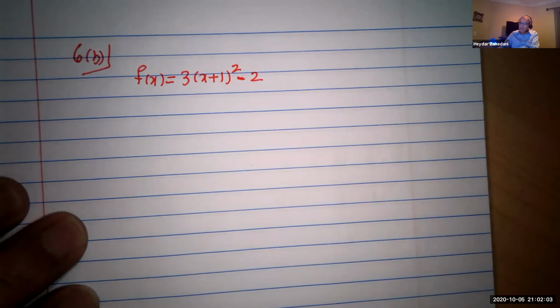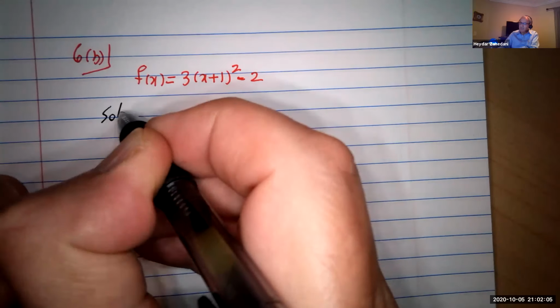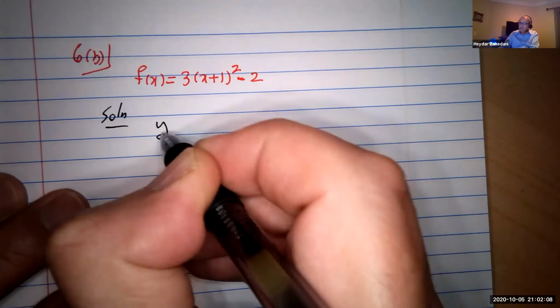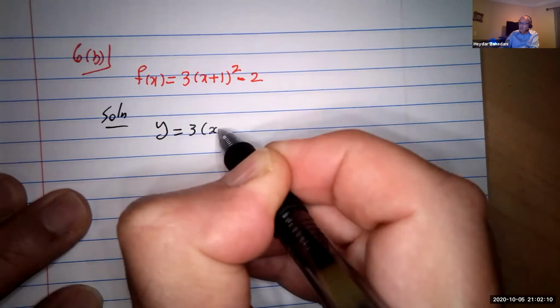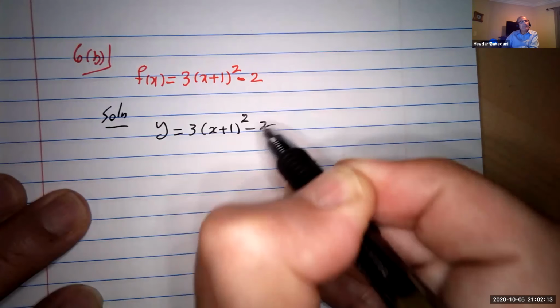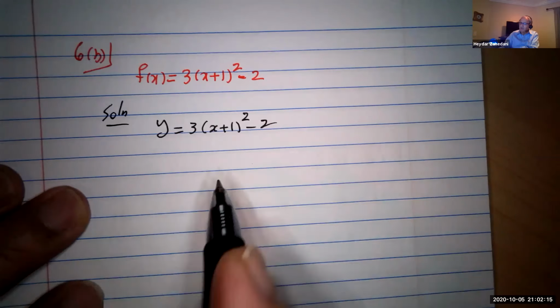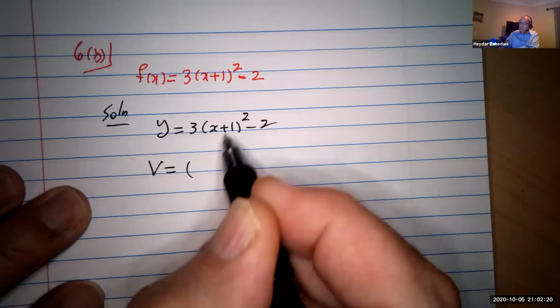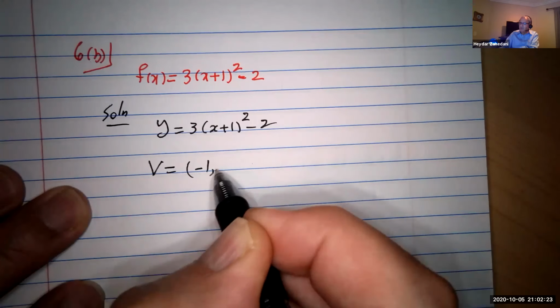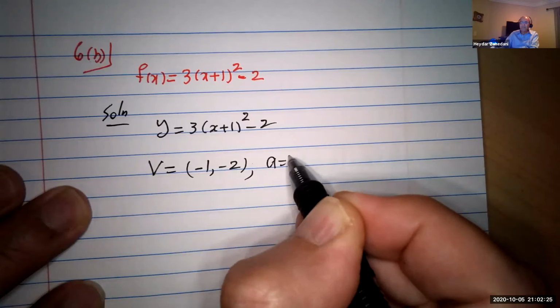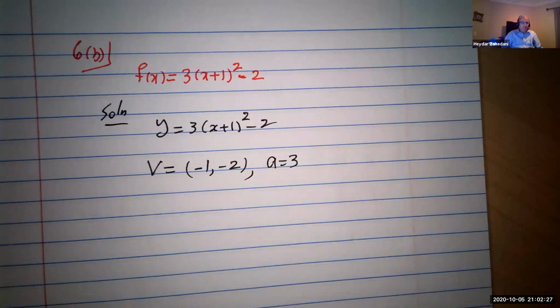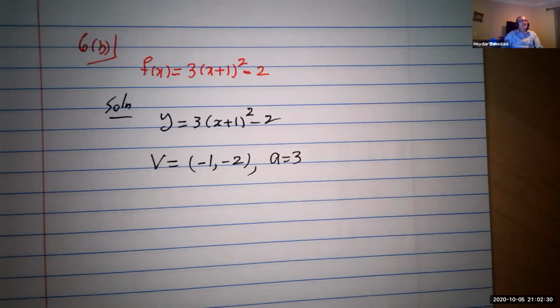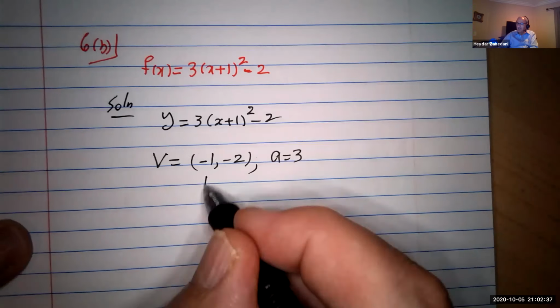So you compare it with the second case: y equals 3 times x plus 1 all squared minus 2. In this case, you know that the vertex is the opposite sign, negative 1 comma negative 2, and a is 3. Okay, so that's an easy case. Everything is already given to you. So there you are. The axis of symmetry is negative 1.